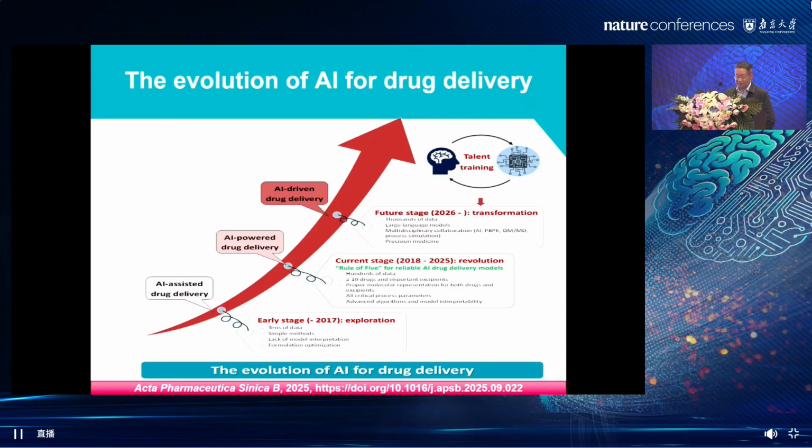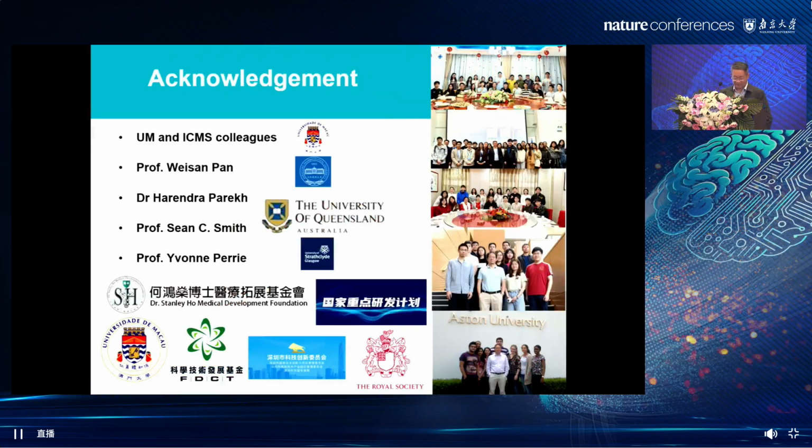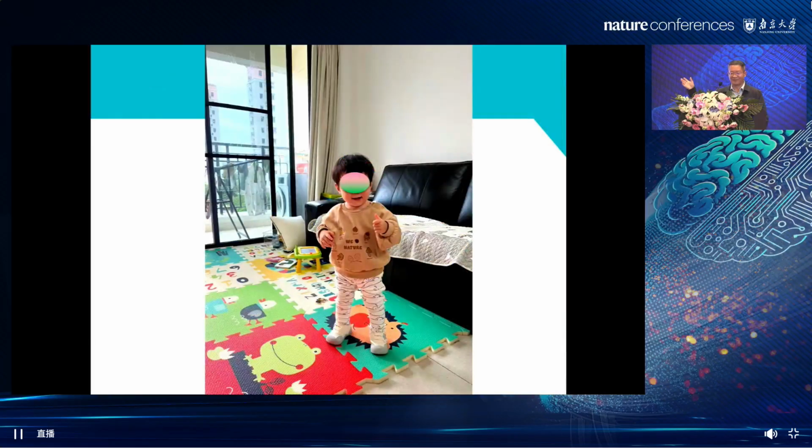So we can see AI drug delivery from the early stage before 2017, and in the recent 8 years it has been a revolution and a big transformation for the future. And also we thank our collaborators, our group students, and the funding agencies. And thank you.